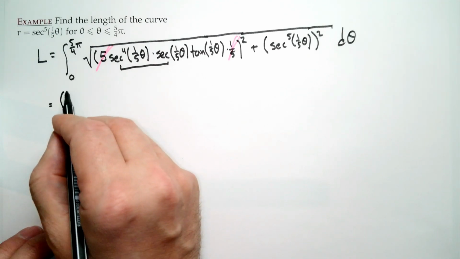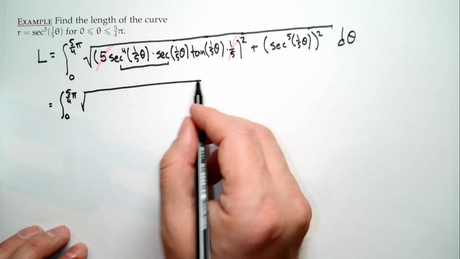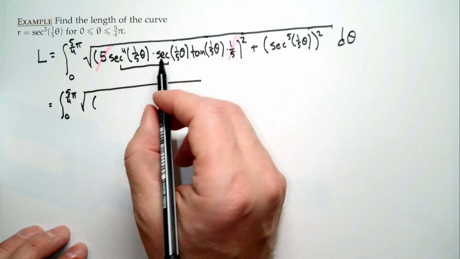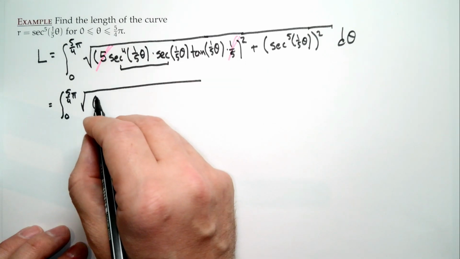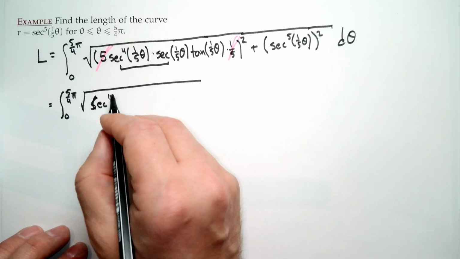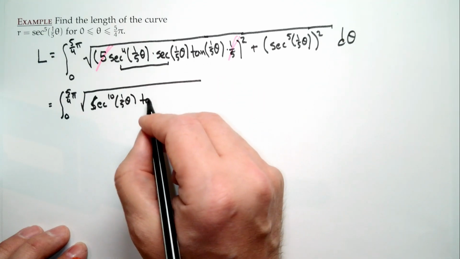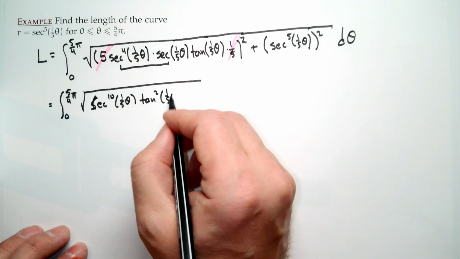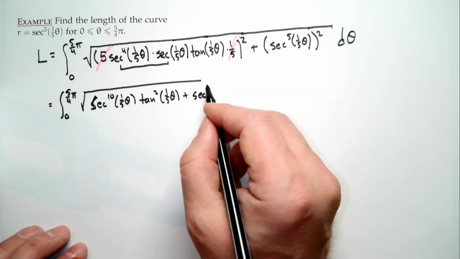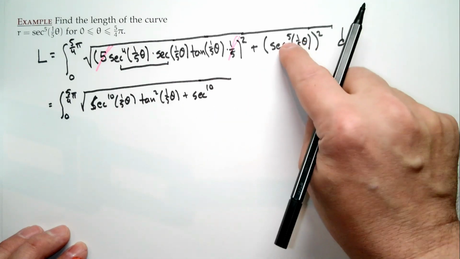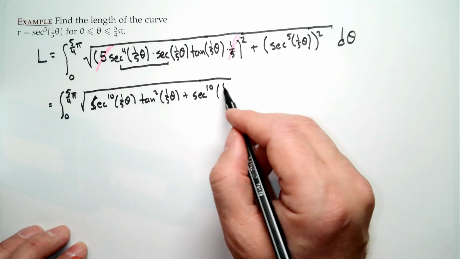So if we're careful here, and of course, we like to be careful, we have secant to the fifth, and that's being squared. So we can write that as secant to the 10th, 1/5 theta. Then we have the tangent squared of 1/5 theta, because that's also being squared, plus secant to the 10th, because we're taking something to the fifth, then squaring that, so that's going to take it 5 times 2 of 1/5 theta.